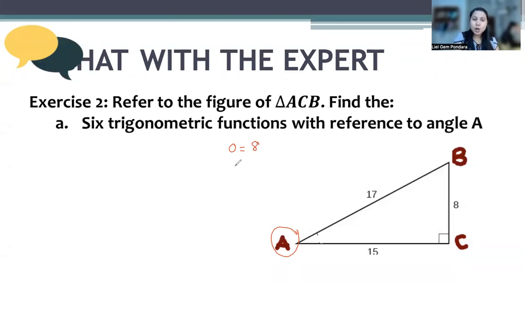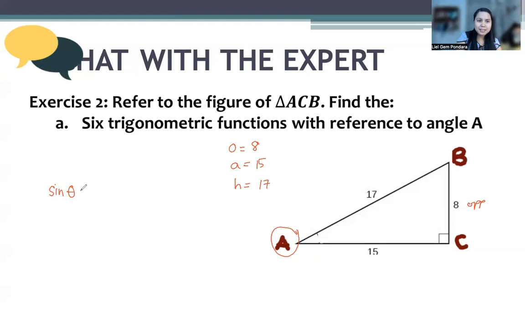8, very good. What's the length of the adjacent side of A? Adjacent, 15, very good. How about the hypotenuse? 17, very good. Now let's start with sine.